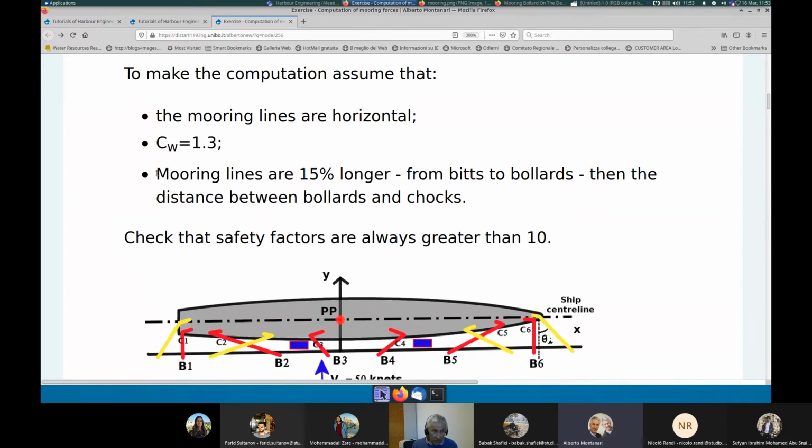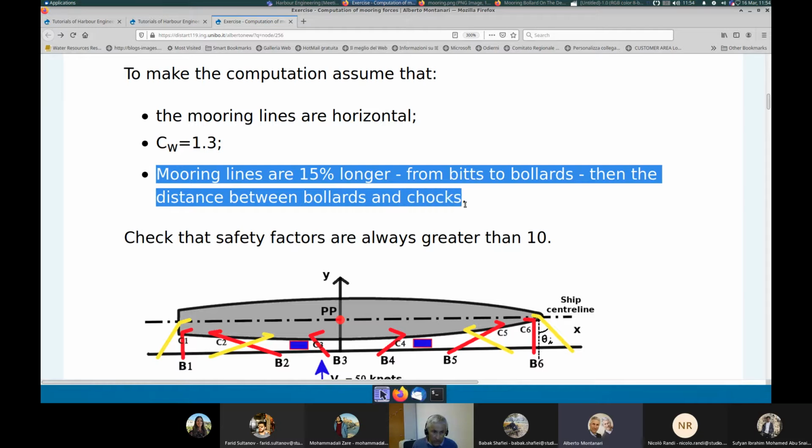And here is another important specification, because I told you that we need to know the total length of the mooring lines. It is prescribed here that mooring lines are 50% longer from bitts to bollards than the distance between bollards and chocks.